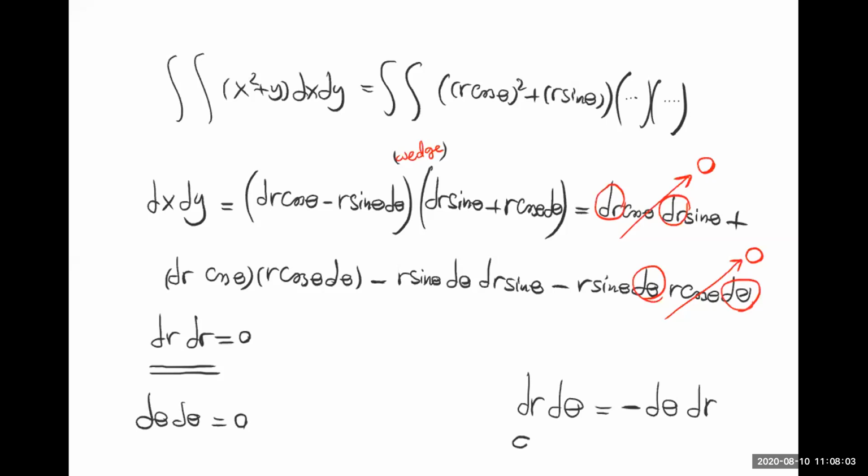So if I write dr first and the other dr second, it becomes negative. But how can dr be minus dr? Well, if I take this one to the other side, it means 2 dr is 0, which means dr is 0.